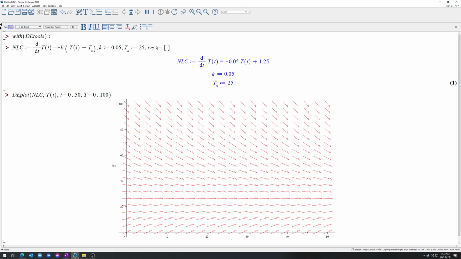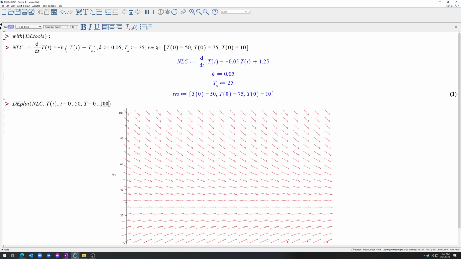In our list of initial values, let's start off with an initial temperature equal to something like 50 degrees. And let's start off with an initial temperature of something like 75 degrees. But let's also try maybe Newton's law of warming or heating up and say temperature initial might be something like 10 degrees. Let's plot all of those initial values again in blue.